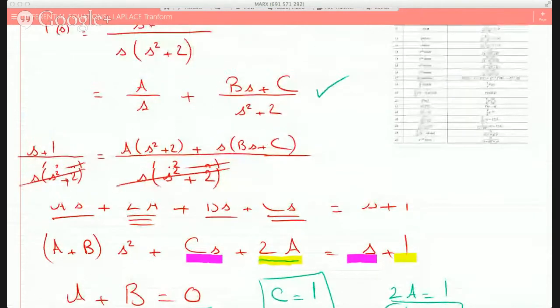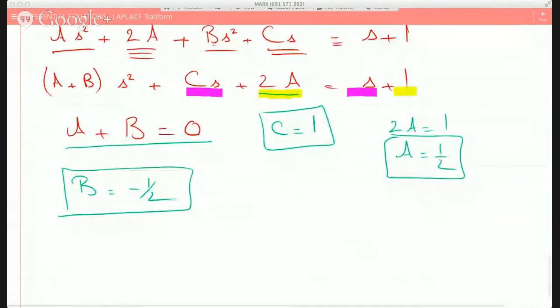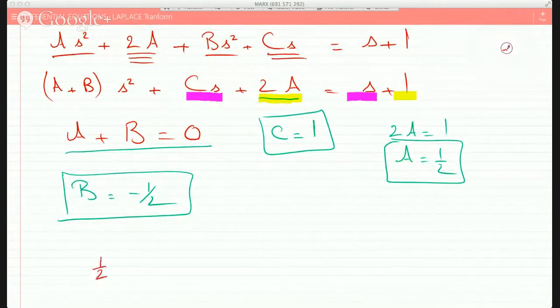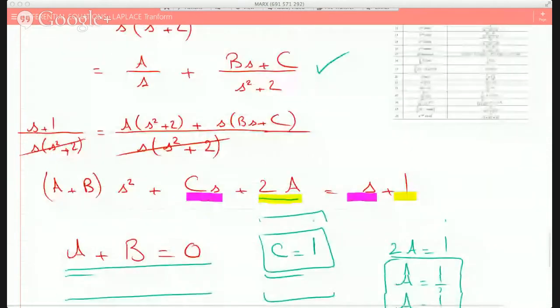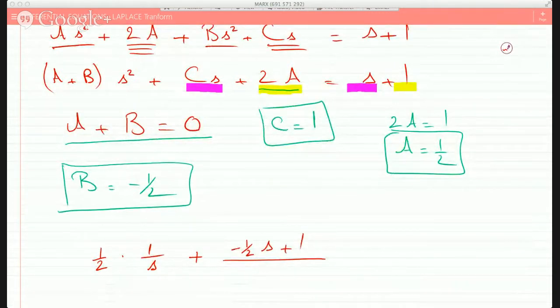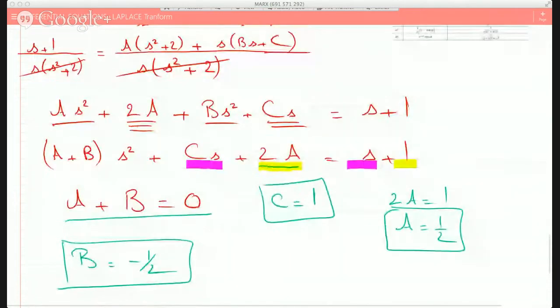Okay, so this becomes a over s. So a over s is the same thing as saying half times 1 over s plus bs plus c. So that's minus half s plus 1 over s squared plus 2.